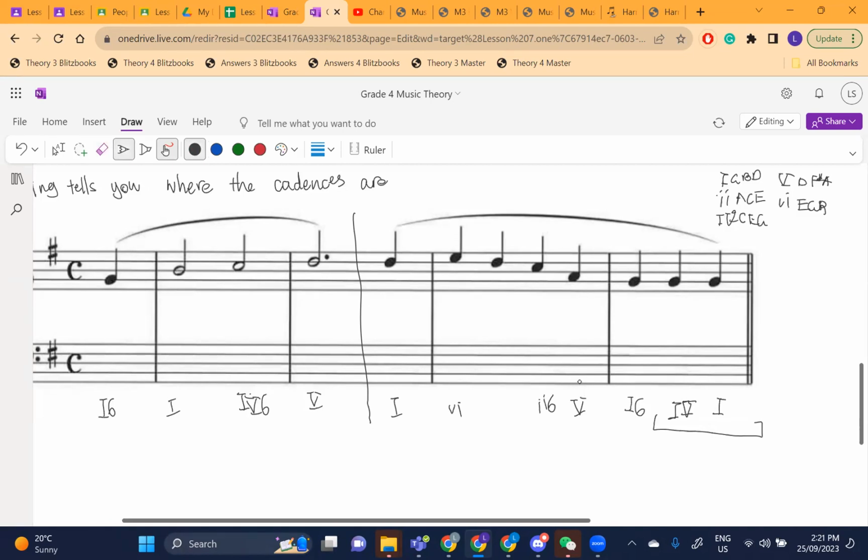Instead of that, we have, okay, 5 doesn't work because we're moving in similar motion, and when we play our chords, you have to try and make it move in contrary motion. So 5 doesn't work. For the D, we could use 1 6, but 1 6 and then 2 6 sounds a bit weak.